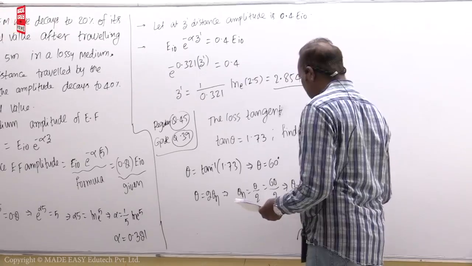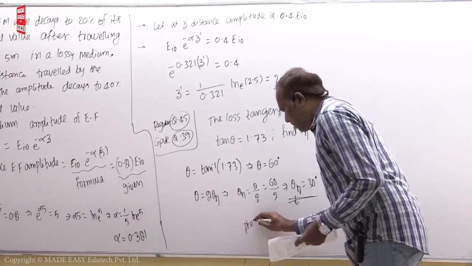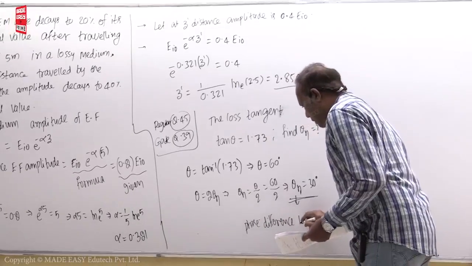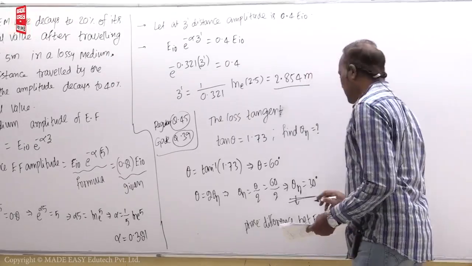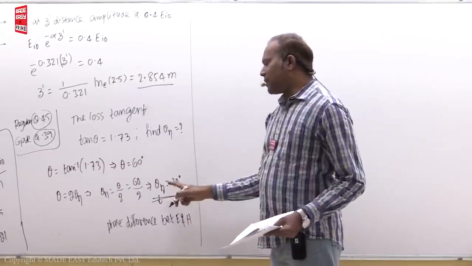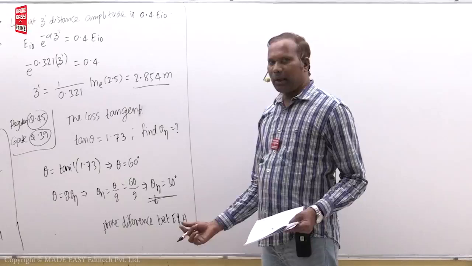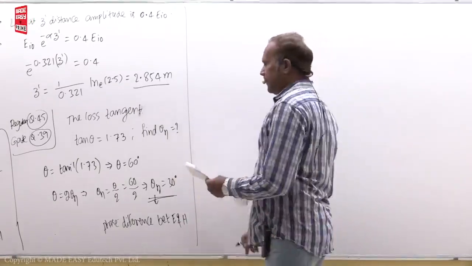This is the answer. This gives the phase difference between E and H. For example, in the electric field there is cos omega t minus beta z, then in the magnetic field there will be cos omega t minus beta z plus or minus 30. That is the meaning of that.